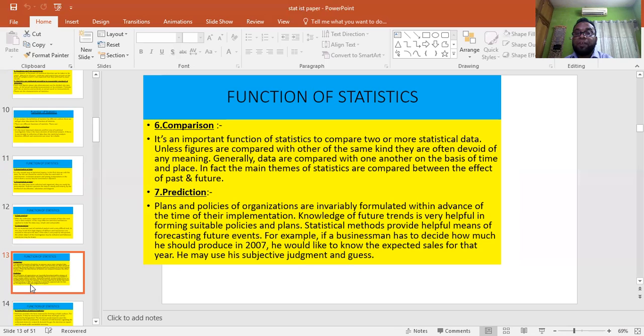For example, if a businessman has to decide how much he should produce in 2007, he would like to know the expected sales for that year. He may use his subjective judgment and guesses.